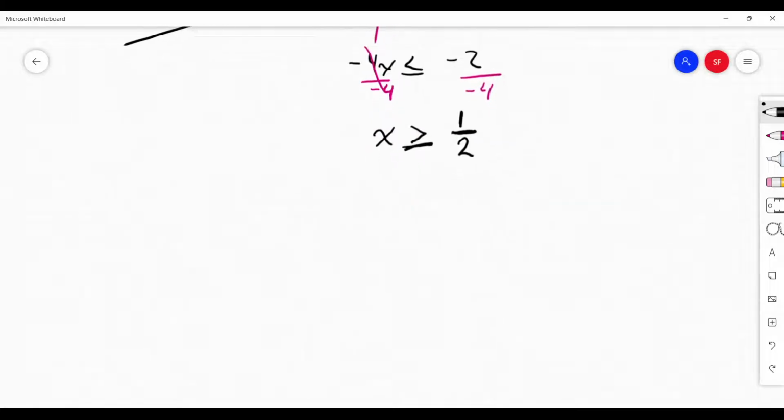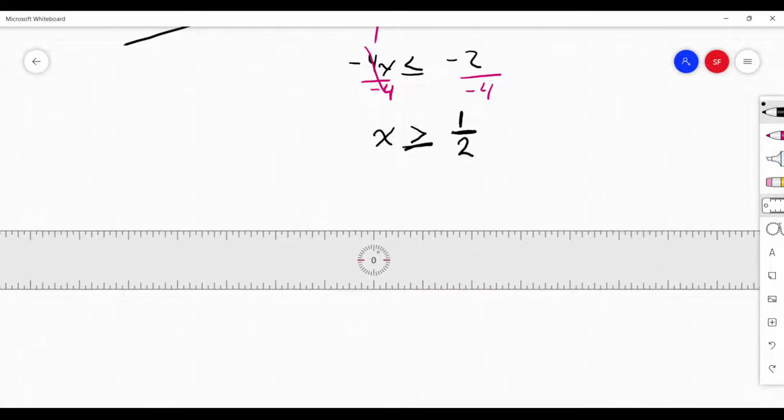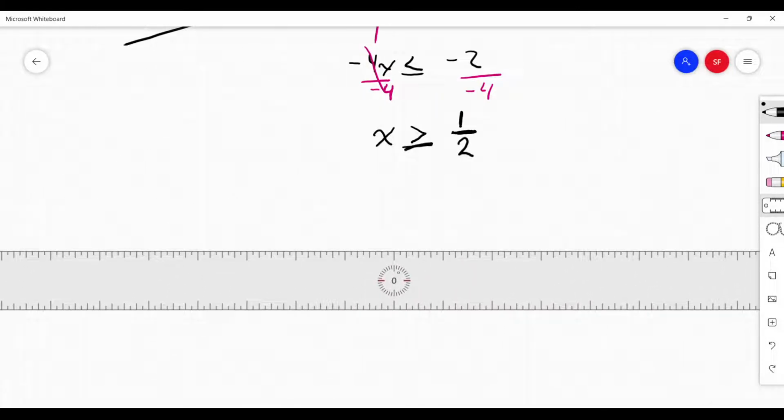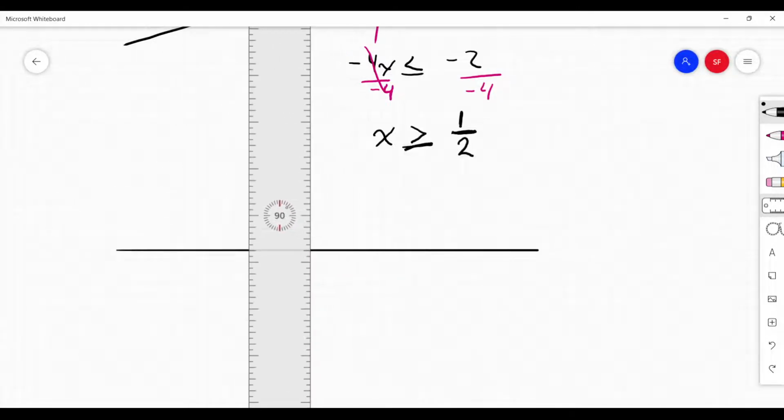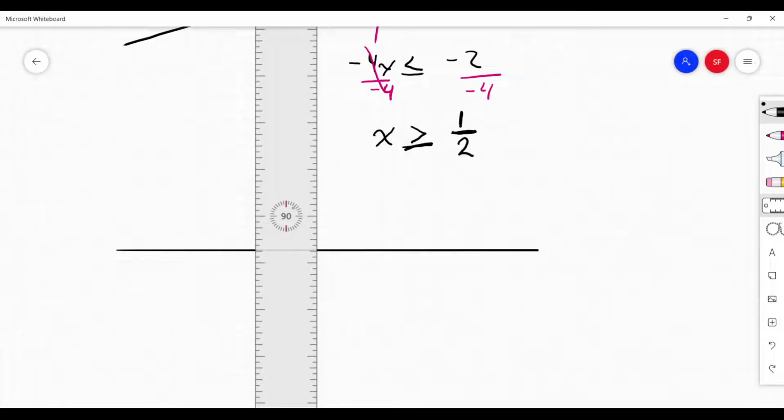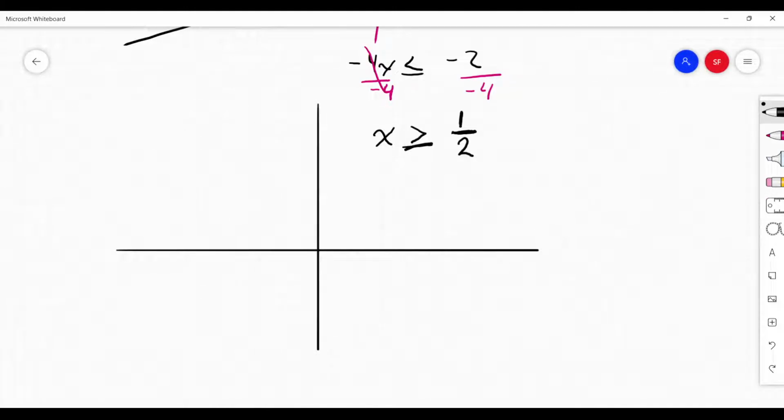Now what? We graph it. So, where is it going to live? We'll live at x equals 1/2.